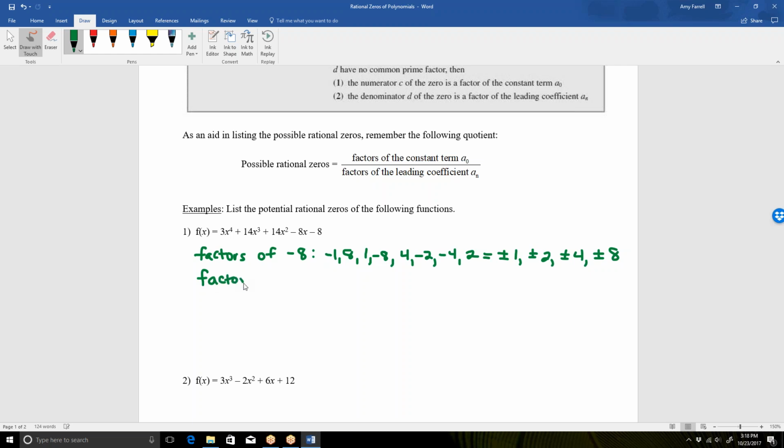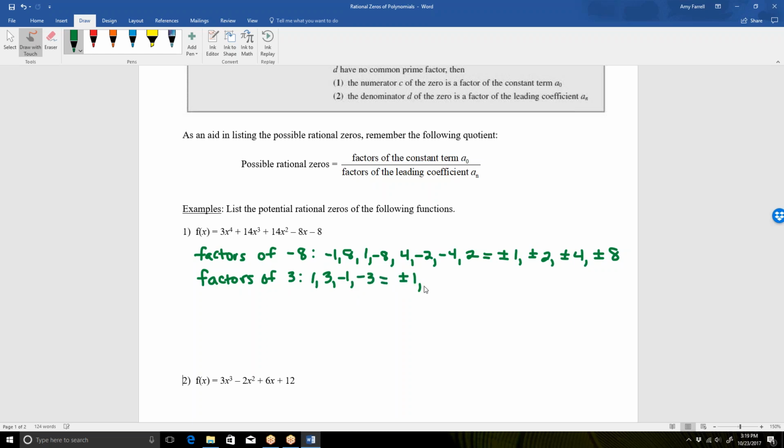Now, the other thing that helps us determine the potential rational zeros of a polynomial function is the factors of the leading coefficient, which in this case is +3. To get +3, we could multiply 1 and 3 together, but we could also multiply -1 and -3 together.